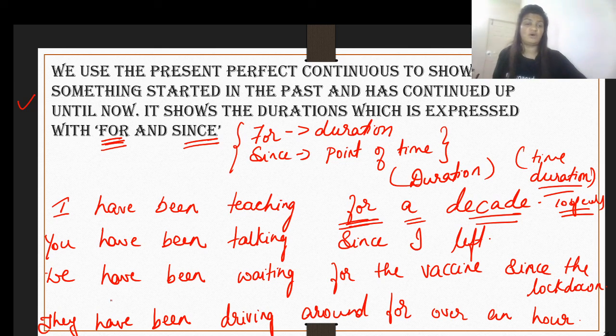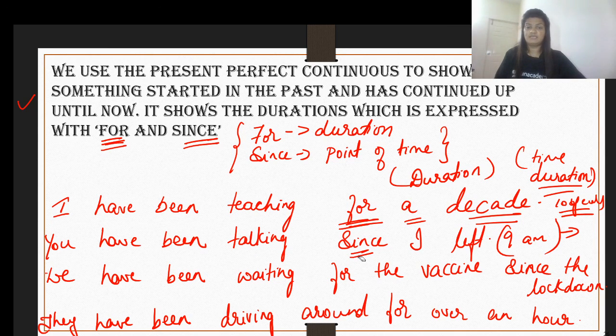Similarly, you have been talking since I left. Now here, when you take the word since I left, let us say you left in the morning, somewhere around 9 a.m. So that's the point that the action started. And from then on until this present moment, she has been, or sorry, you have been, the person has been talking.